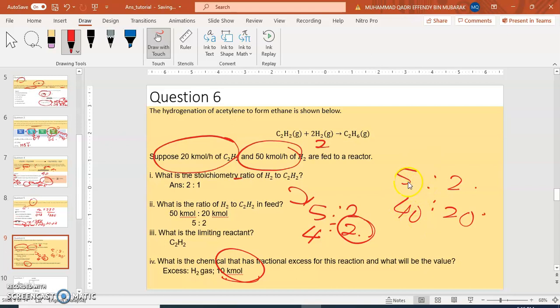Here we have 50. So if we subtract 40 from 50, we get 10 kilomole. So this is how this question relates to the mathematical concept that we learned before.